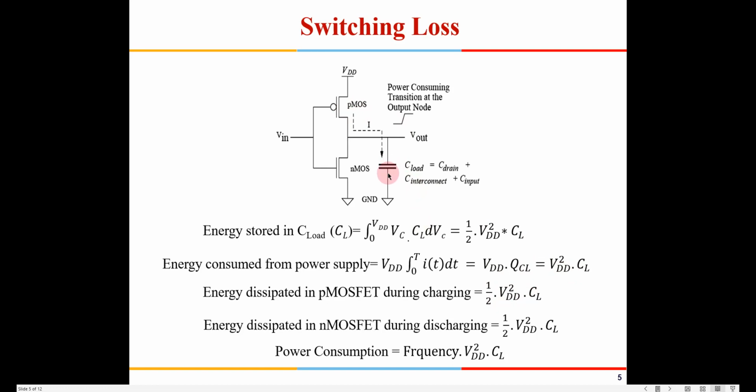Obviously, if you use a large capacitor, this current will flow for a longer duration, and that much more heat will be dissipated in the PMOS. Similarly, when we discharge through the NMOS, if there is a large capacitance, more charge will flow through the NMOS, and hence more heat will be generated. To find the power, I need to multiply by the frequency.